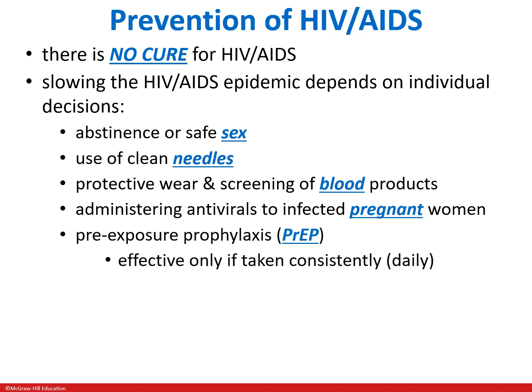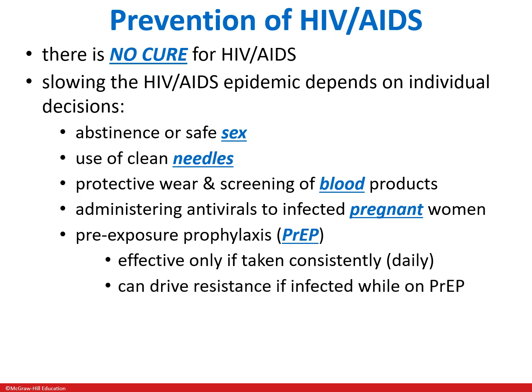So we do have a number of medications out there on the market now for what we call PrEP, pre-exposure prophylaxis. So if you have a known partner that's HIV positive, taking these consistently can reduce the risk of transmission. Unfortunately, anytime you take any antibiotic or antiviral prophylactically, you run the risk of driving resistance.